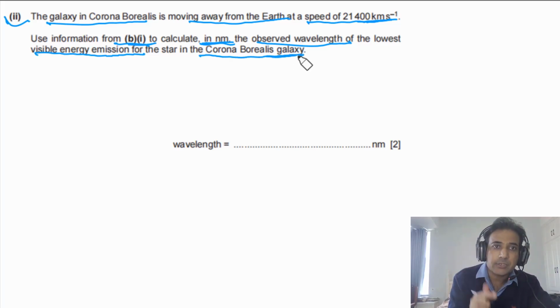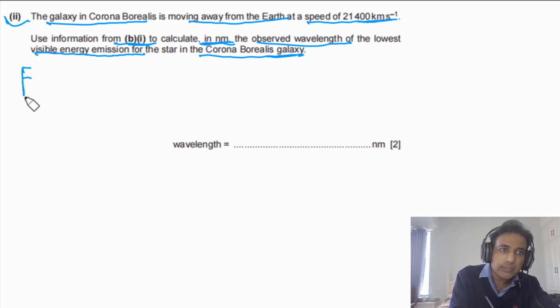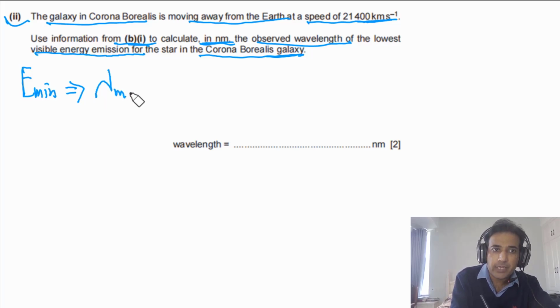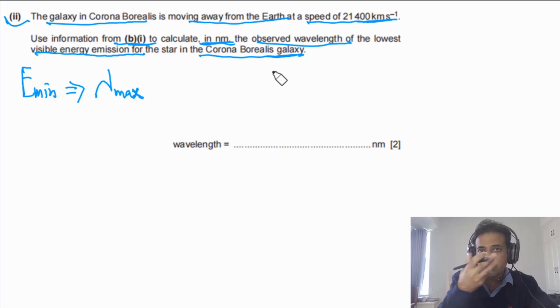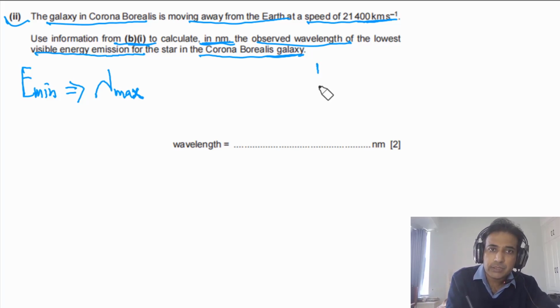Lowest visible energy, so E minimum, it means that we have to consider the maximum value from the visible spectrum, lambda max. And also the galaxy is moving away, so even lambda will increase. So we can say the value of lambda will be equal to lambda max plus the change in wavelength due to redshift, delta lambda.